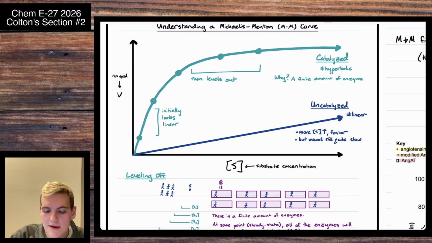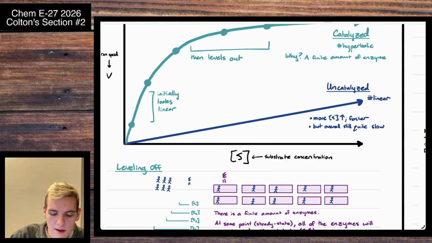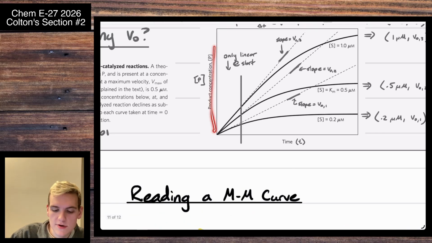And just very briefly, it has to do with where did these points come from? How did we go from solute concentration to speed? And where it came from was by plotting how much product appears over time. So if we had this much substrate, 2 micromolar, then we would make this much product over time.